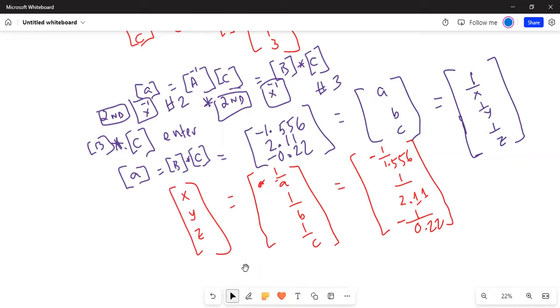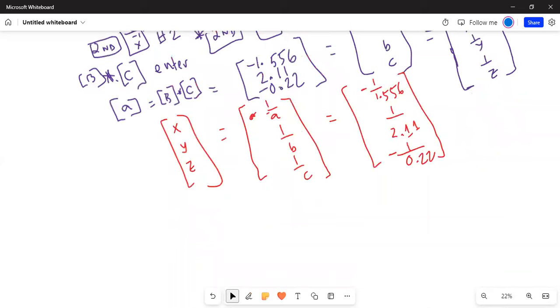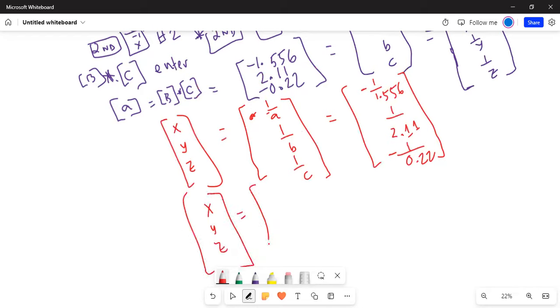So basically the solutions X, Y, and Z are the inverses of those numbers.